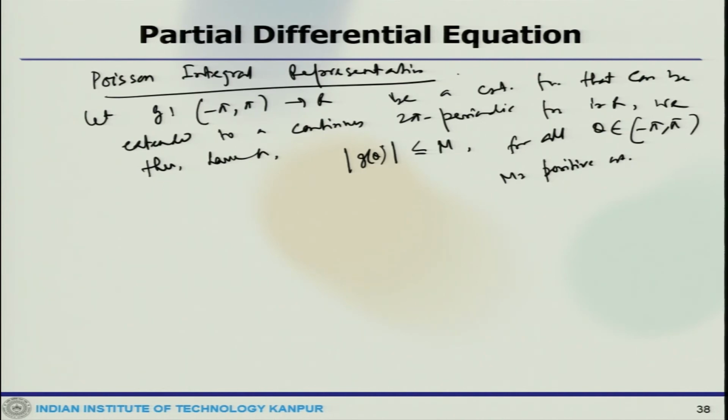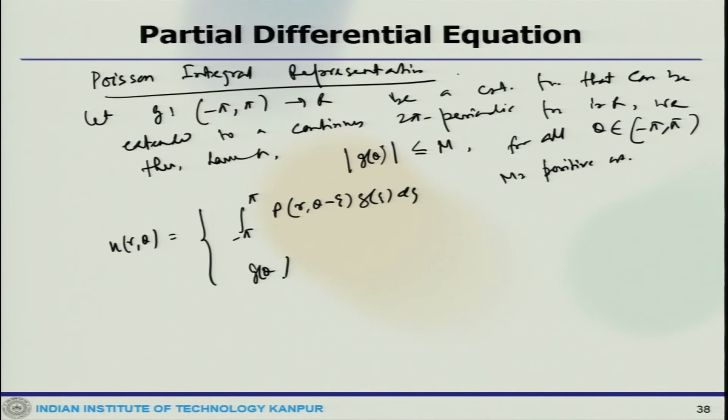So, here the idea is that we can use some of these properties of the Poisson kernel and extend some of these solutions within the unit disk, and we can show that u of r, theta would be integral from minus pi to plus pi of P of r, theta minus xi, g of xi d xi.